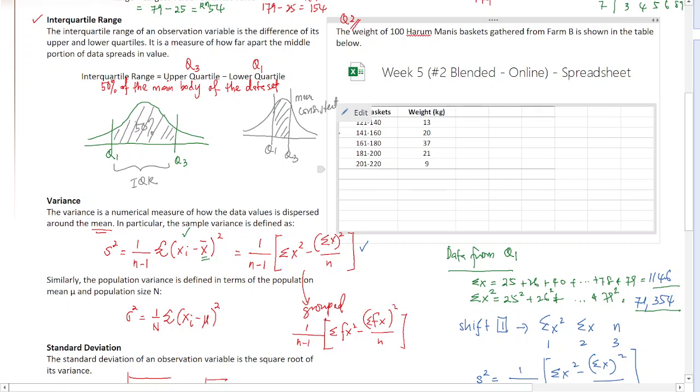So basically, when you want to calculate the standard deviation for the group data set, first of all, what you need to do is to find the midpoint. Okay, you need to find the midpoint of your data.